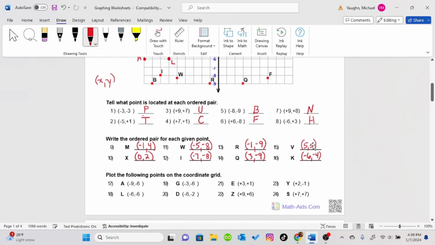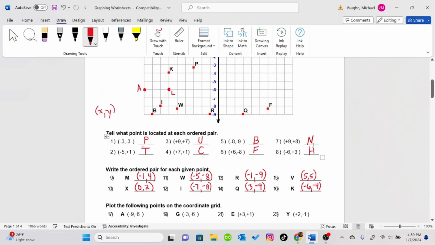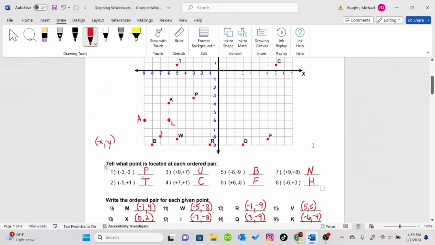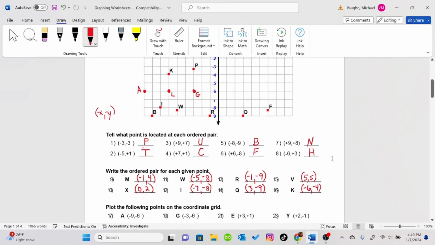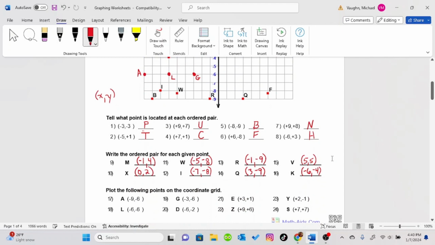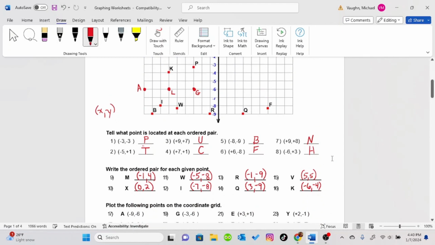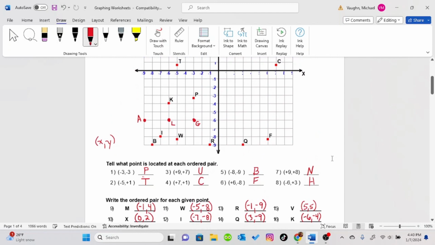Number 19 wants us to put G at negative 3, negative 6. So x equals negative 3, y equals negative 6, and this point right here would be G. Number 20 wants D at negative 6, negative 2.